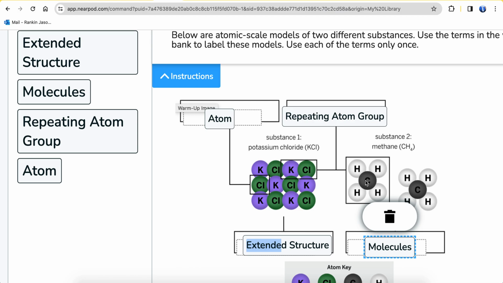You have CH4 and CH4. Two molecules of methane. All right, here we have a total of 1, 2, 3, 4, 5, 6 molecules of KCl, of potassium chloride. But this is all touching and extended, repeating.